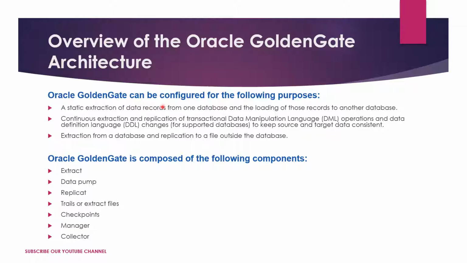So this is from one database to another database, where you are doing replication, or you can do continuous extraction from the source and replication for transactional DML as well as DDL operations to keep the source and the target database consistent. And apart from that, extraction from the database and replication to a file outside the database. So these are important components, and we'll be looking at all these processes in deeper detail.